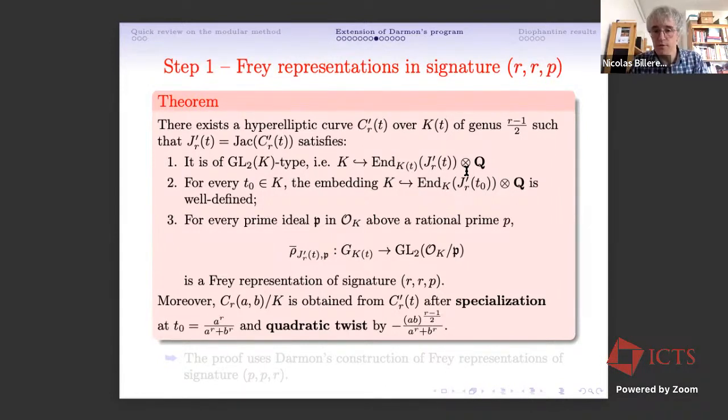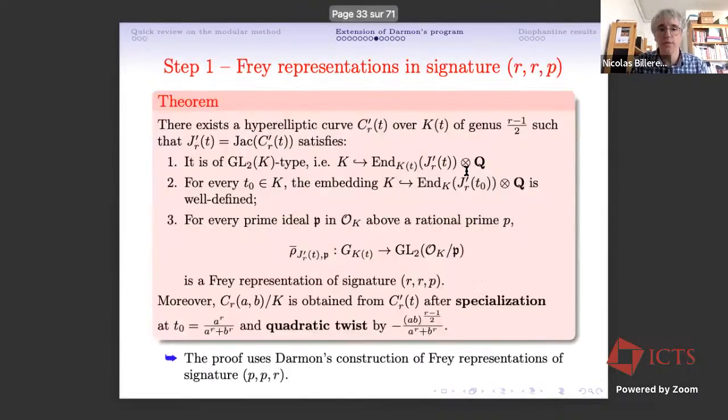So that's an explicit construction, and this construction is actually based on Darmon's construction, but a little bit surprisingly, it was based not on Darmon's construction for signature R, R, P, but on Darmon's construction for signature P, P, R. And you will see in a minute that in our study of the Fermat equation of signature R, R, P, we actually mix results from Darmon's program for signature P, P, R and signature P, P, P and signature R, R, P as well. So all three signatures, if you want.